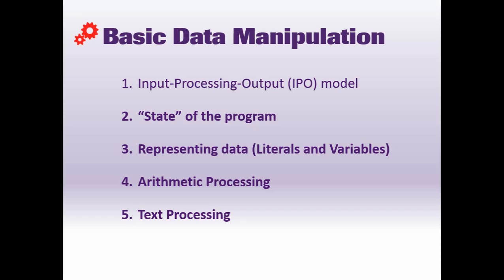It's literally the conversion factor that I want to work with. However, in that same app, the number of inches that I want to do the conversion on is variable. It depends on the user input. I may want to store that and represent that internal to my program so that I can then manipulate that value. And that brings us to steps 4 and 5 here that we want to discuss.